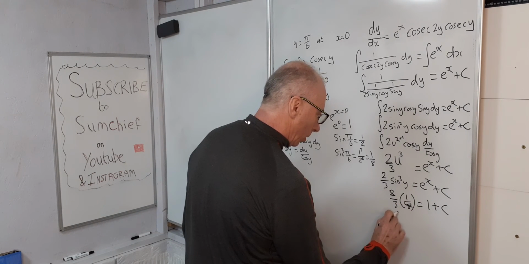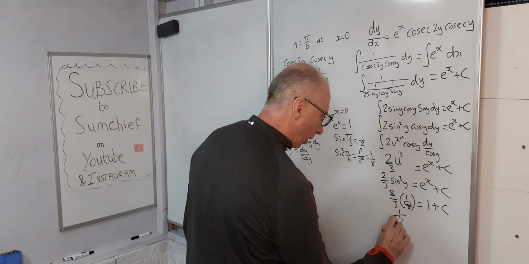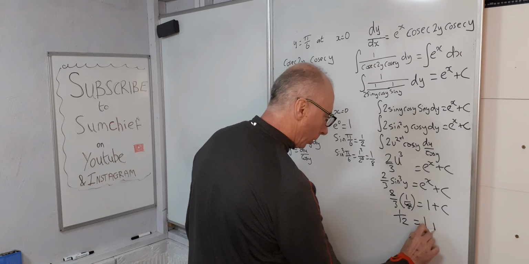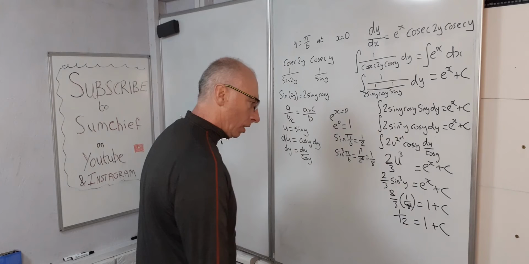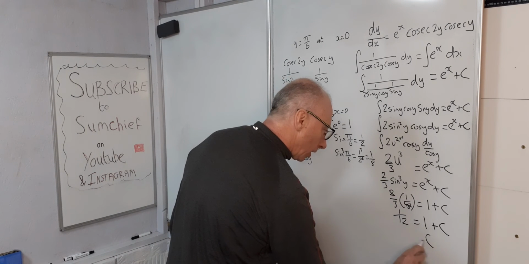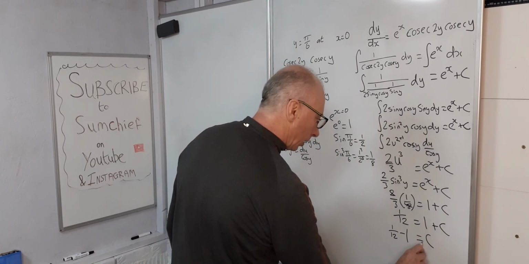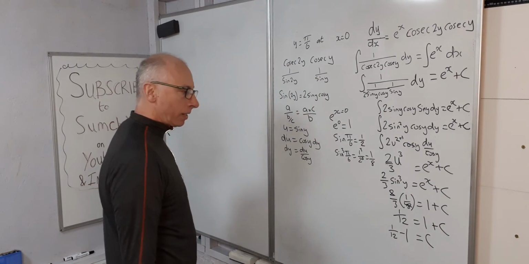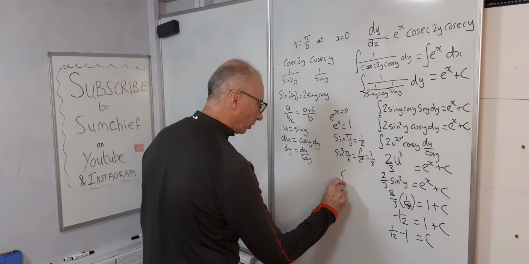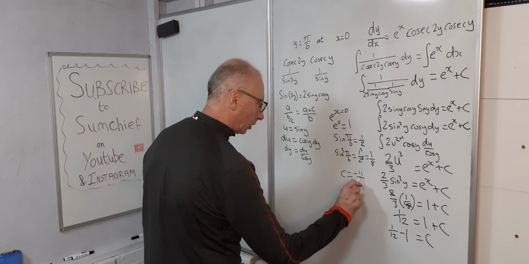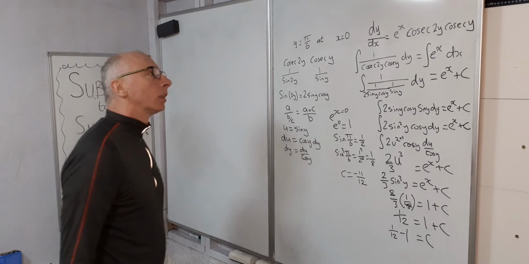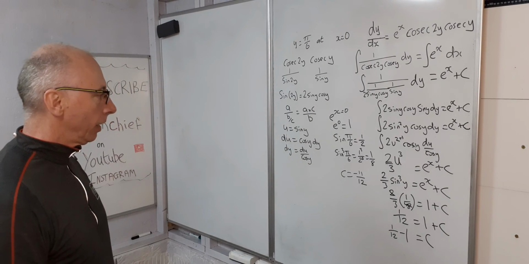So 1 over 12 equals 1 plus c. Therefore c equals 1 over 12 minus 1, so c equals minus 11 over 12. Okay, so that's our answer.